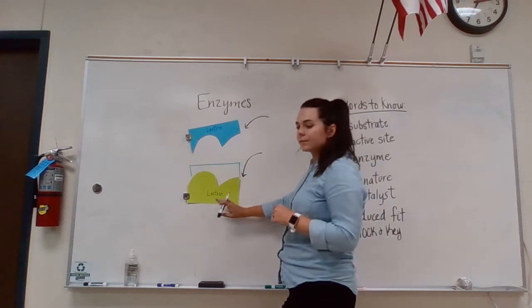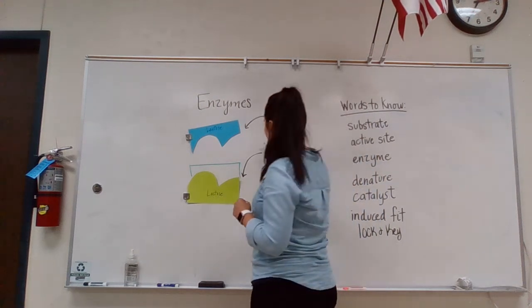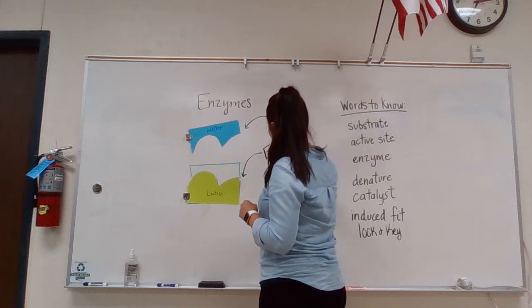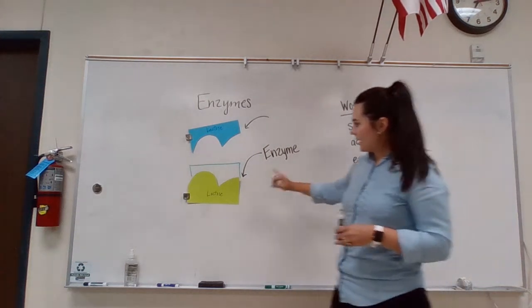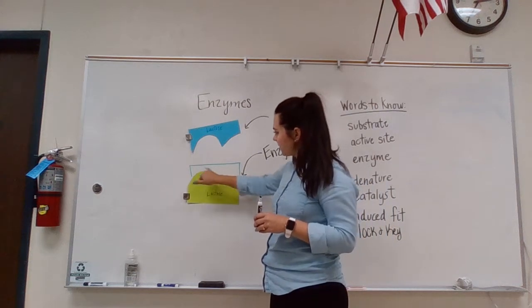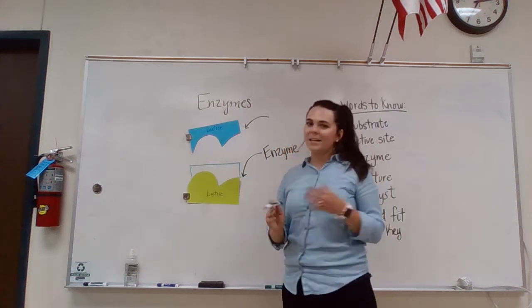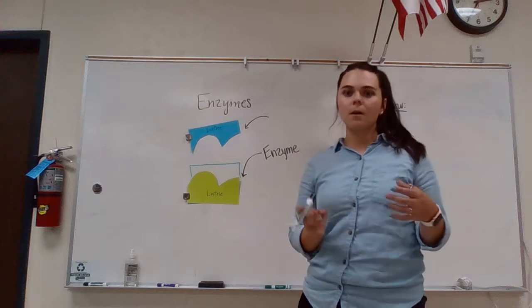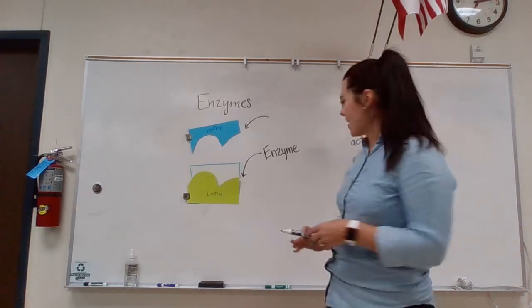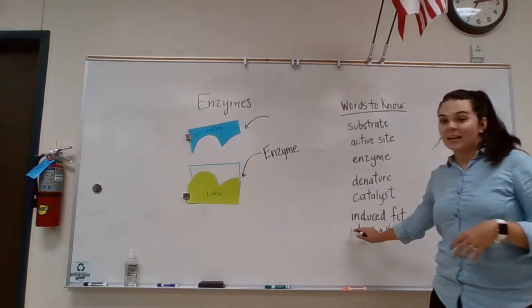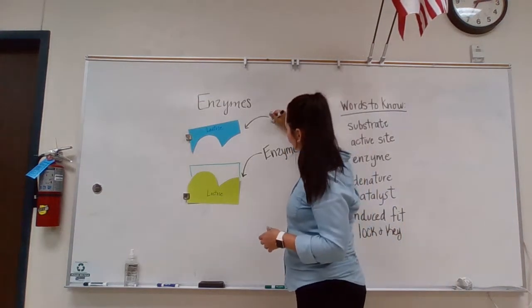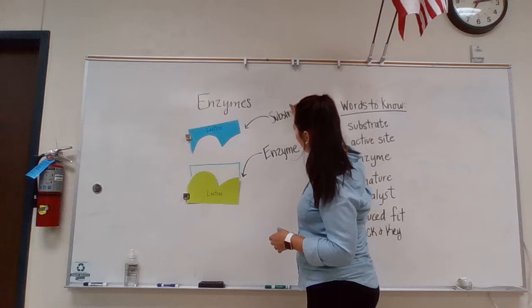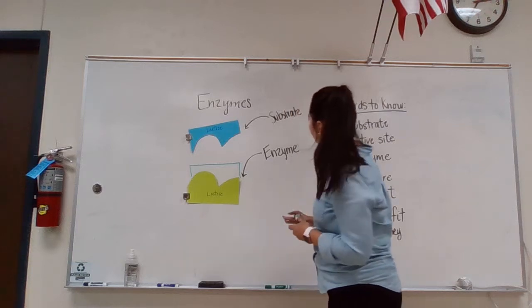Lactase. So lactase is going to be our protein. So this is our enzyme. If you notice, our enzyme has a very specific shape right here. We always have to have something specific fit into that spot, and this is known as lock and key. So what's going to happen is we're going to have a substrate, in this case lactose.